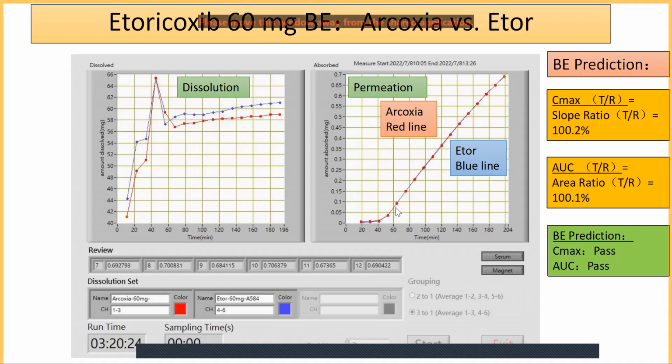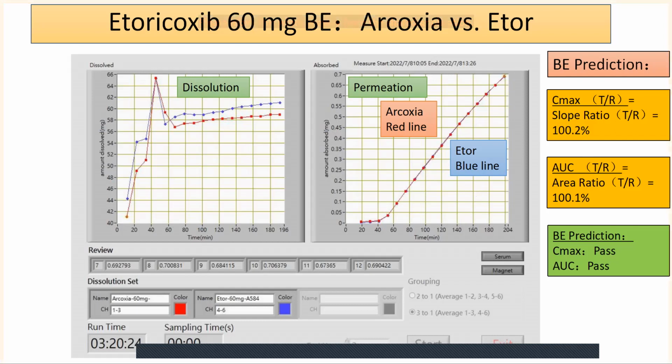There are two lines, one red, one blue. They are almost identical. They are overlapping. So according to this Cmax and AUC, for sure they are going to be nearby 100%. And in fact, it is. I mean, both are approved drugs in the market, right? So what the system tells is the same.